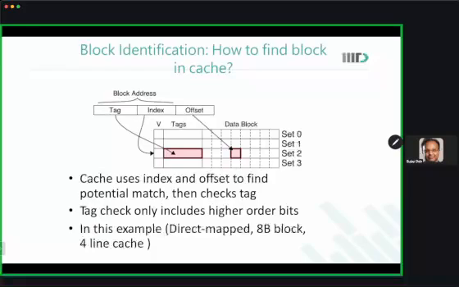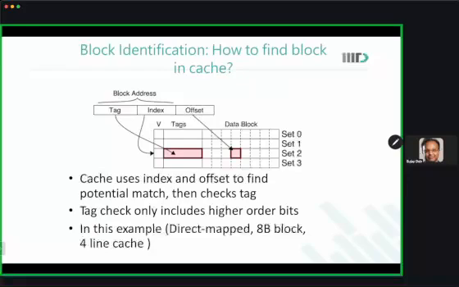The cache uses the index and offset to find a potential match, and the tag is the one which finally says whether there is a cache hit or not. The tag is the higher order bits of the address. In this example, we are looking at a direct map cache.